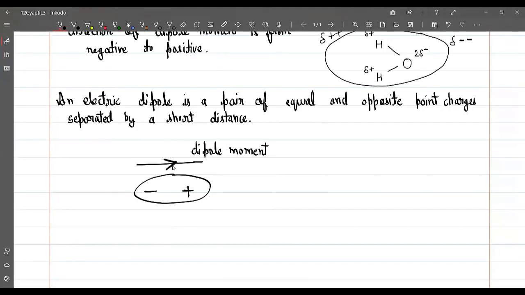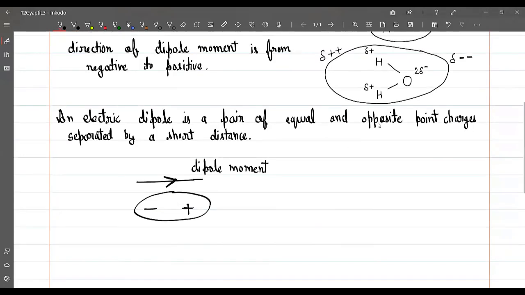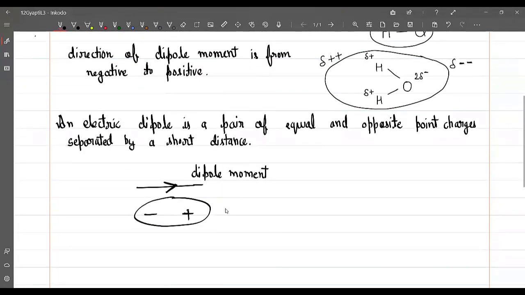So people have designated the direction of dipole moment like this, from negative to positive. Later, it was known that dipole moment is a property of a system itself, not the external electric field. It's the property of system itself, and that convention stuck.